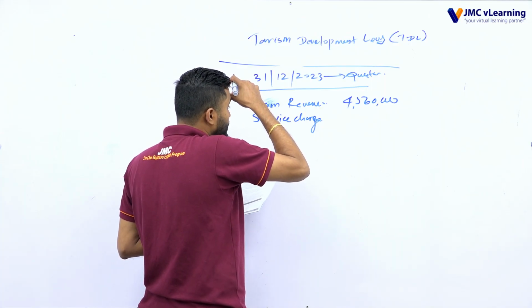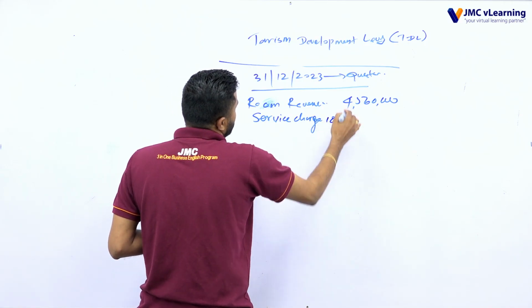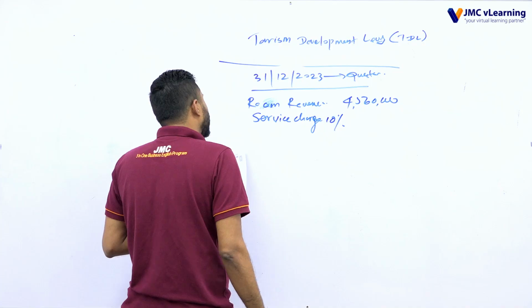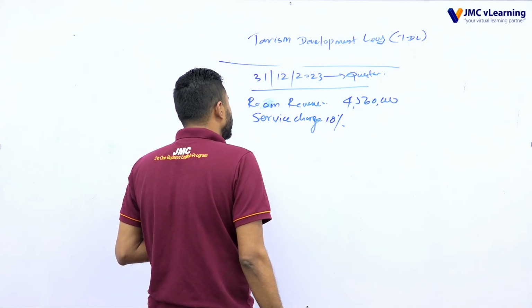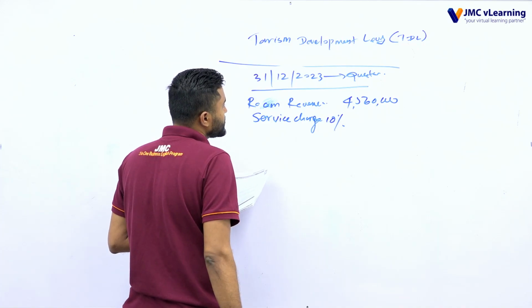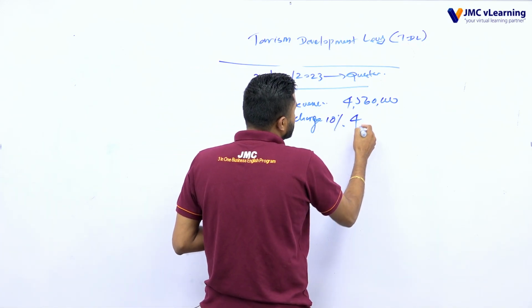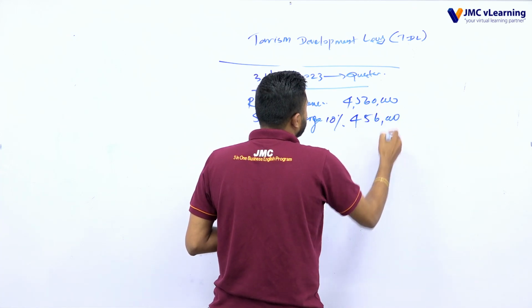Therefore, you know that the room service is liable to pay a 10% service charge. Therefore, you need to deduct that 10% service charge, right? The 10% service charge you need to deduct. Therefore, let's say the room revenue excluding service charge is 4,560.